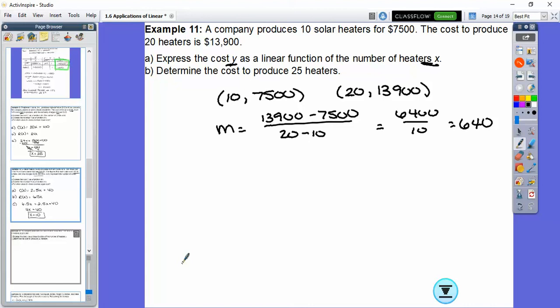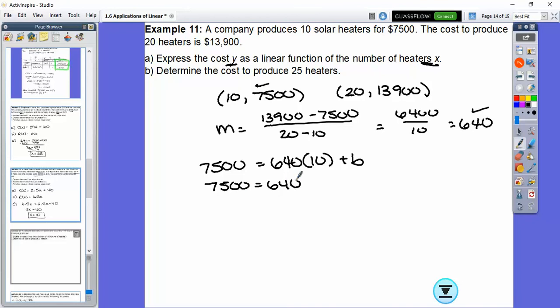How do we get the y-intercept? Pick a point, your slope, plug into y equals mx plus b. Our y-intercept is 1100.